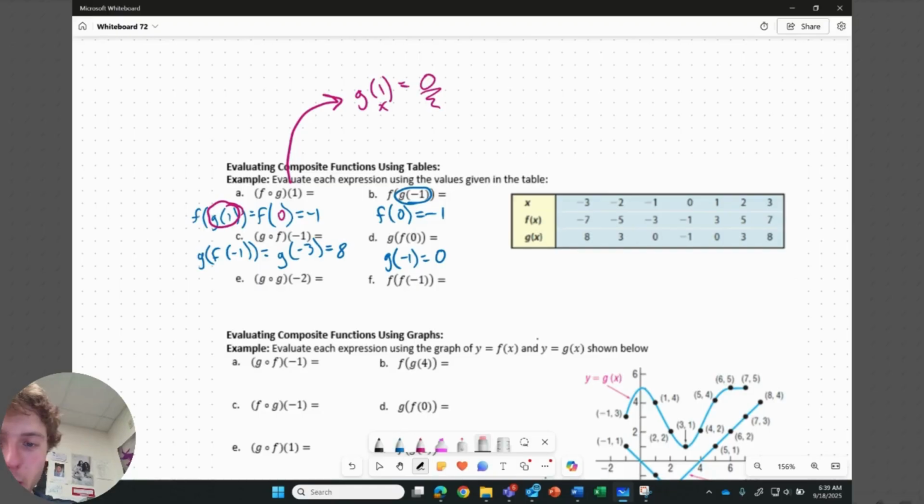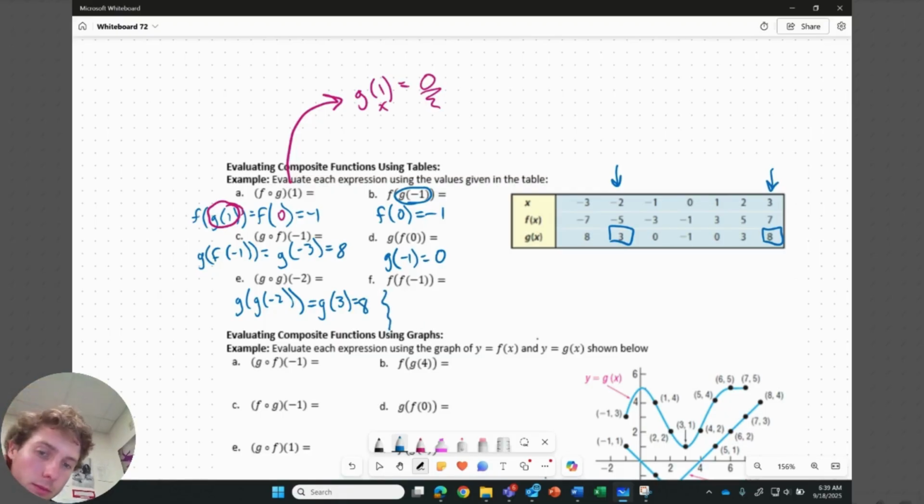Same idea for the others, g of -2, find -2, find g, which is 3, so I need g of 3, here's 3, find g, which is 8. F of -1, find -1, find the f value, plug that into the outer function, find -3, find the f value, that's -7.